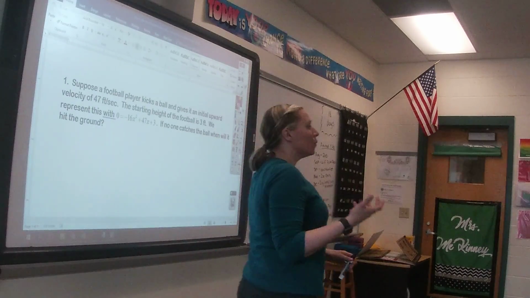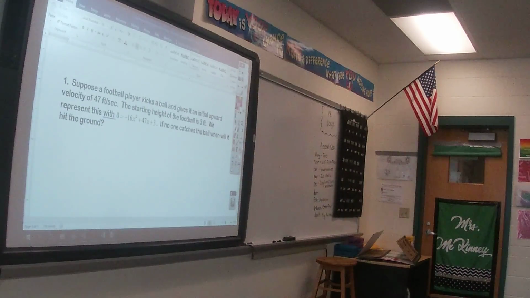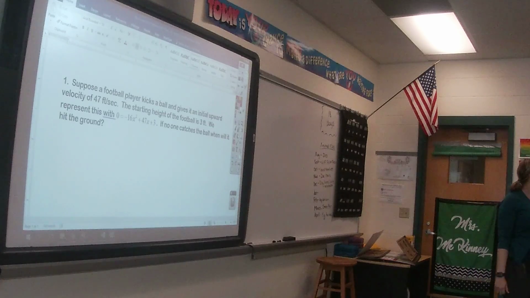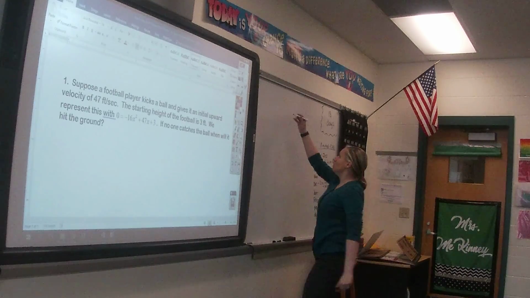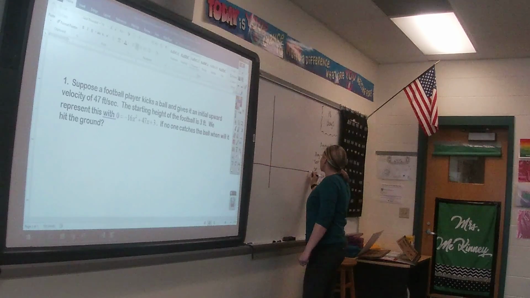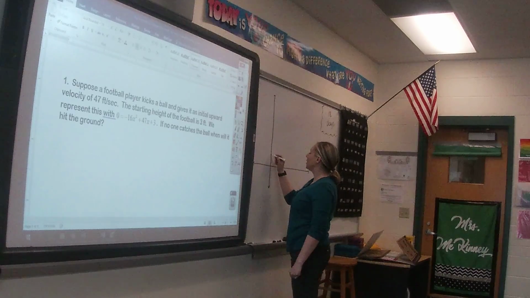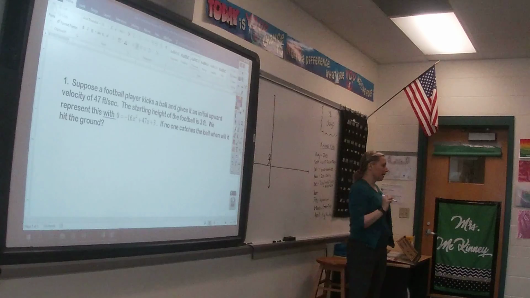So now that we know that quadratics make a parabola, what does a parabola look like? Right, this arch shape. Now that we know that that's what it makes, it should then make sense. Okay, so I'm going to make my little coordinate plane here. Okay, and I'm going to make a person. Very detailed, right?